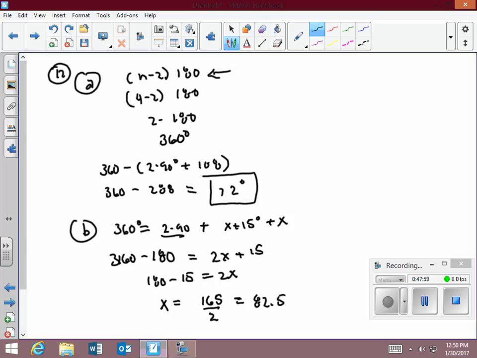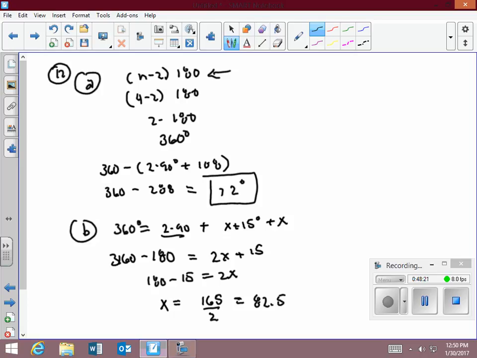Okay, what did I do wrong? So you have your equation 2x plus 15 plus 180, and then you just divide by 2, getting x plus 15 equal 90, and subtract 15 to isolate the x.